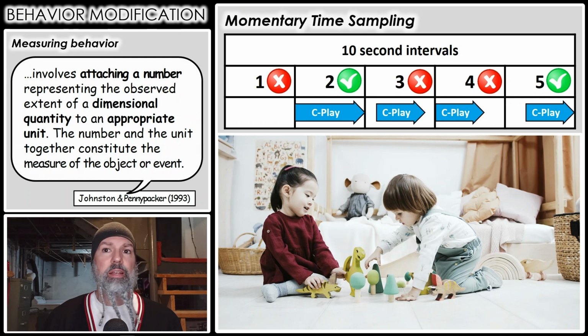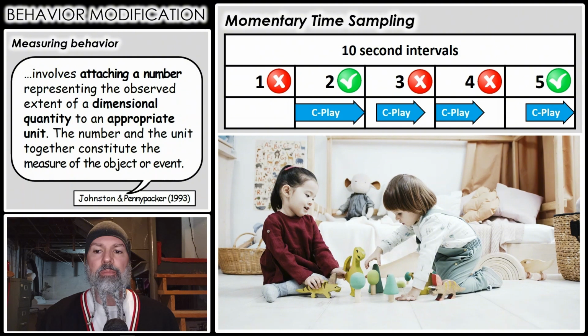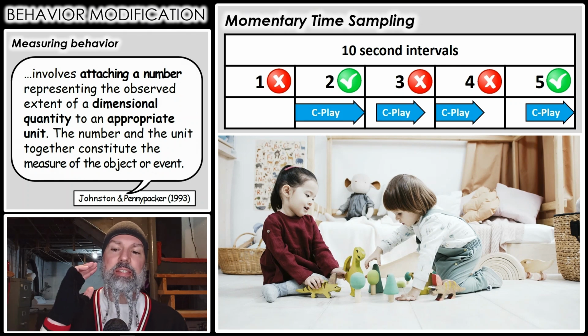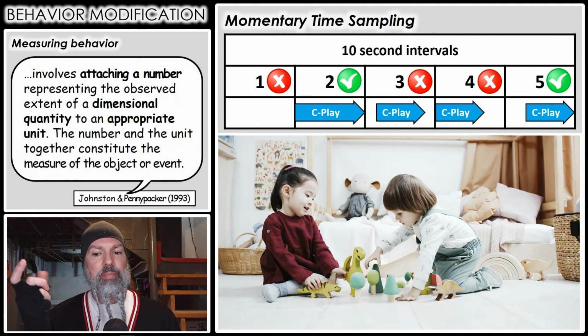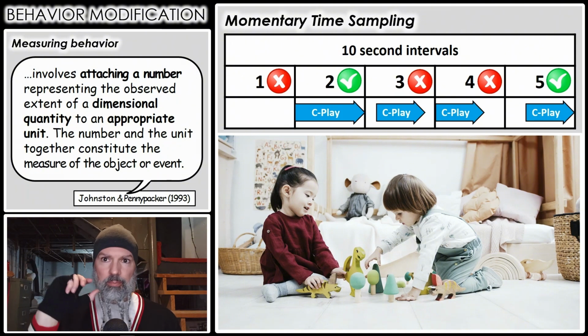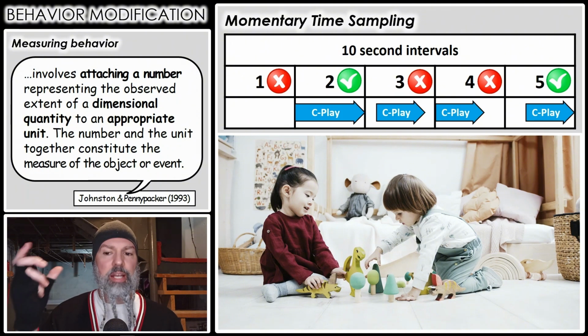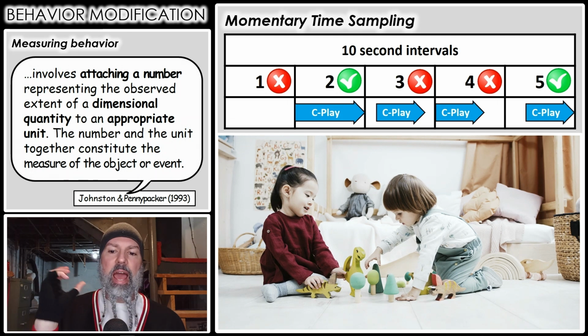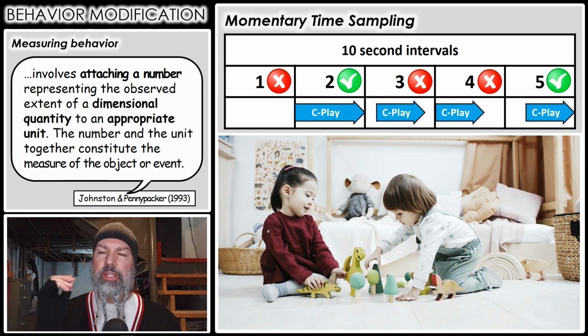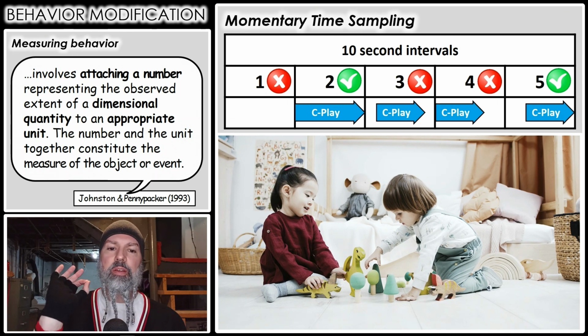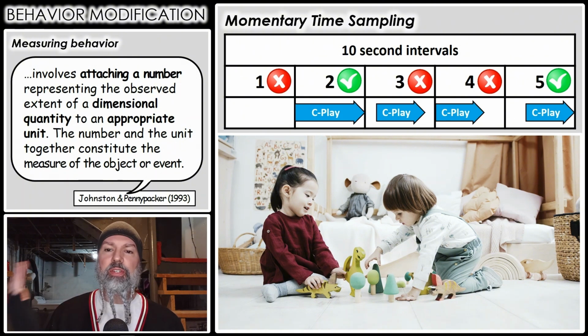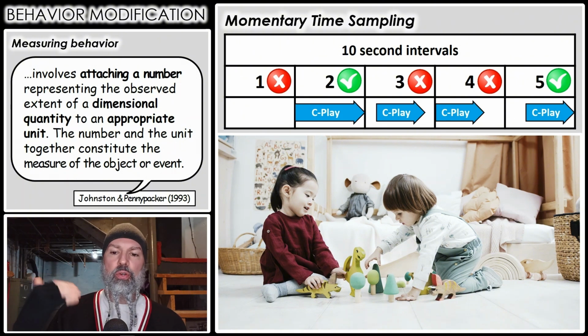So once again, the report that you would give would be the percentage of your total intervals in which the target behavior occurred. In this case, it's 40%. One of the kind of magical things about momentary time sampling is that it can both overestimate and underestimate your percentages of behavior, but it actually is the one that comes the closest to the actual amount of behavior that occurs during an interval if you choose your intervals correctly.